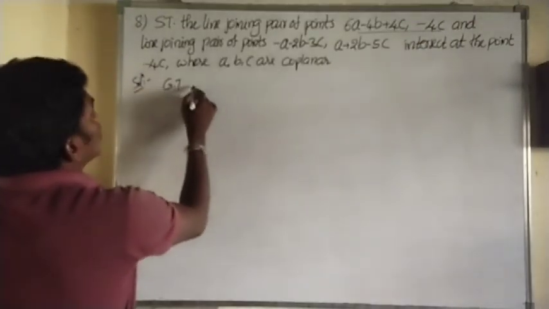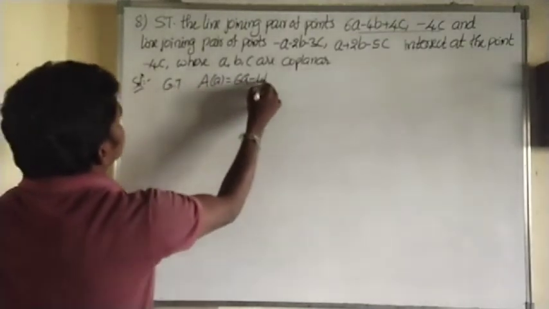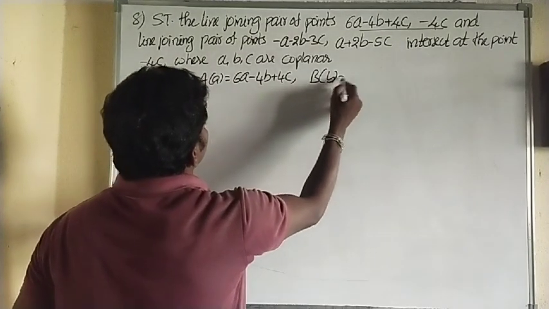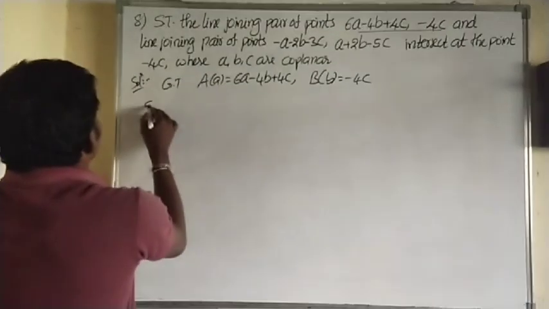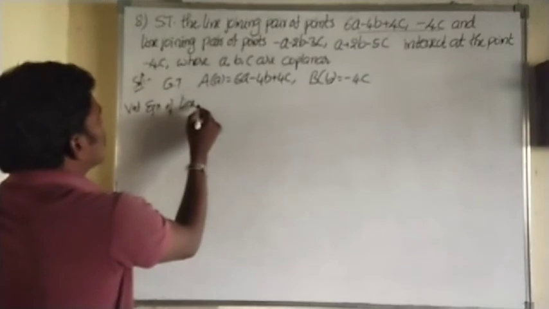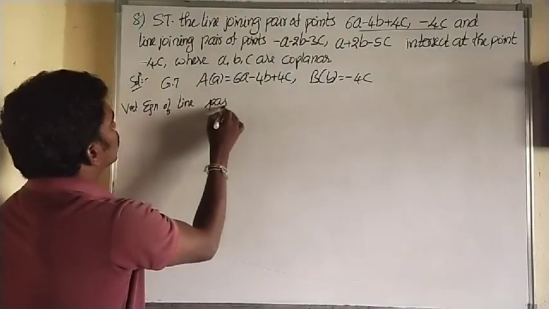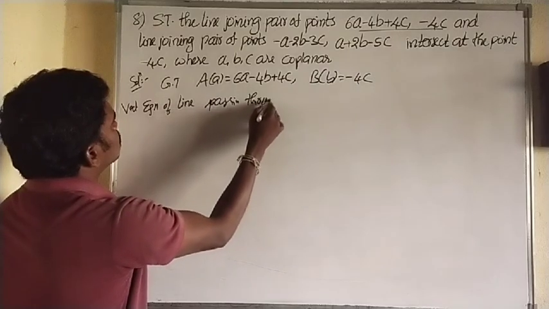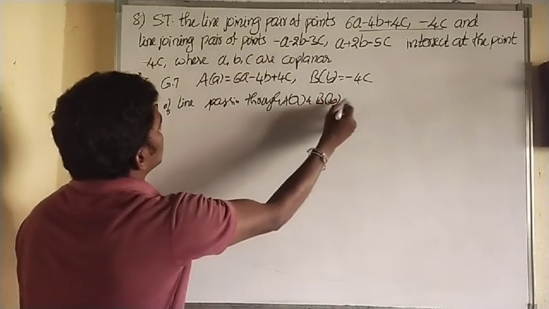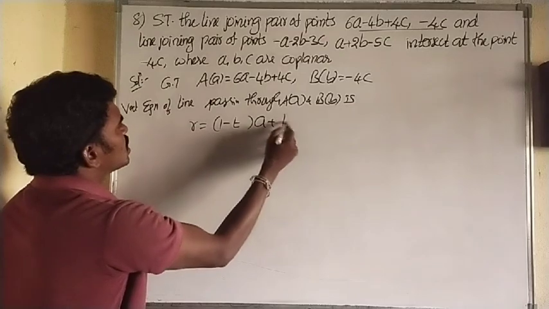Given that, let the first point A be 6a minus 4b plus 4c, and the second point taken as B, that is minus 4c. So what is the vector equation of the line passing through A with position vector small a and B with position vector small b? r equals 1 minus t into a plus t into b.